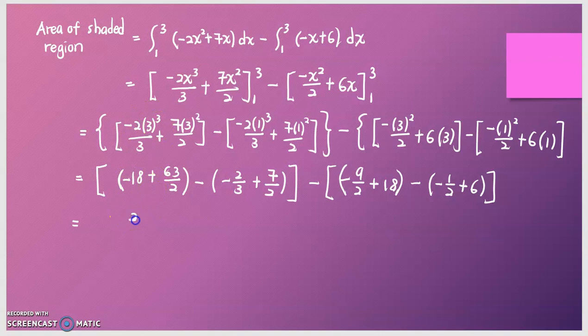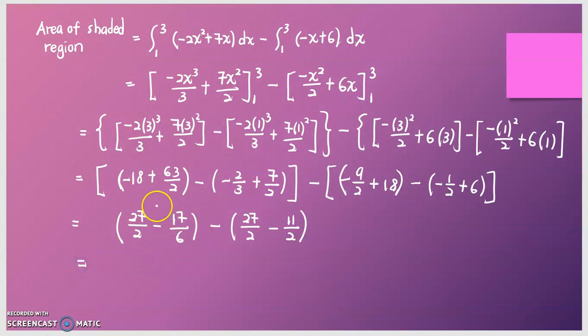Here we have 27 over 2 minus negative 2 over 3 plus 7 over 2. So here is 17 over 6. Minus, so this part negative 9 over 2 plus 18. Here we have 27 over 2 minus negative 1 over 2 plus 6. So here we have 11 over 2.